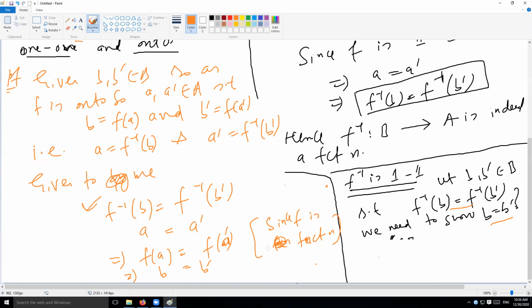Is this making sense? So hence F inverse is 1-1. Try to prove for yourself that F inverse is onto. Try to prove it for yourself, why F inverse is onto.